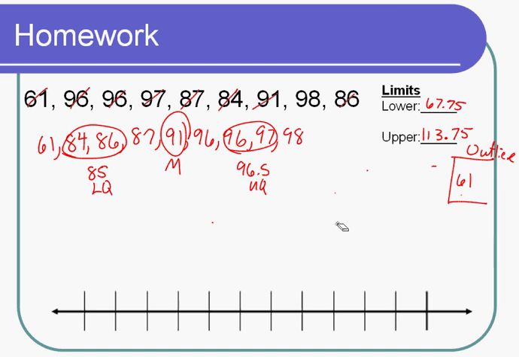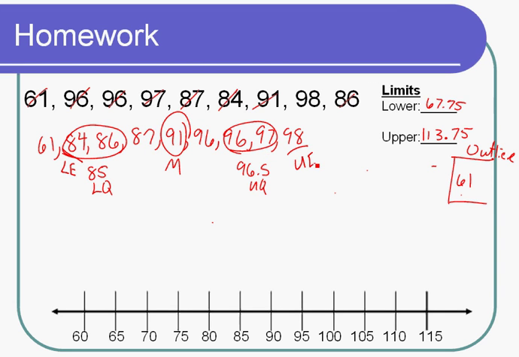So I have an outlier at 61, the lower extreme at 84, lower quartile at 85, median at 91, upper quartile at 96.5, upper extreme at 98. The outlier will not be connected. It will be separate from the box and whisker plot. And this is the final product.